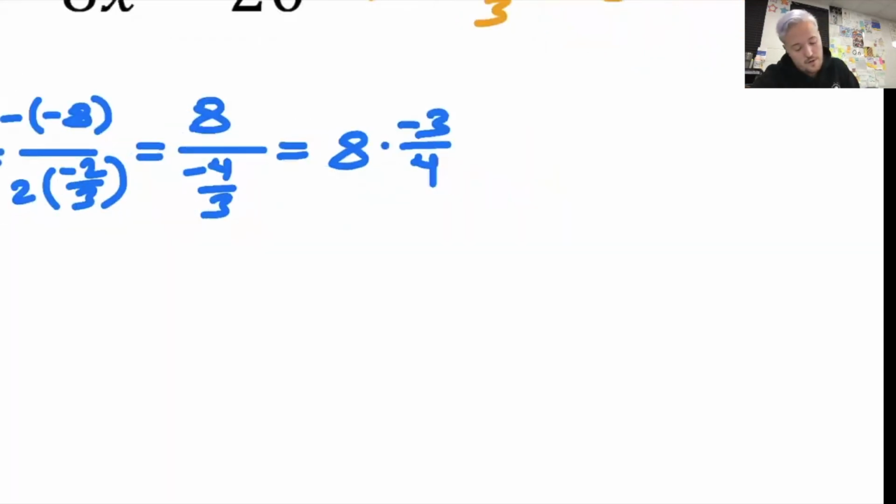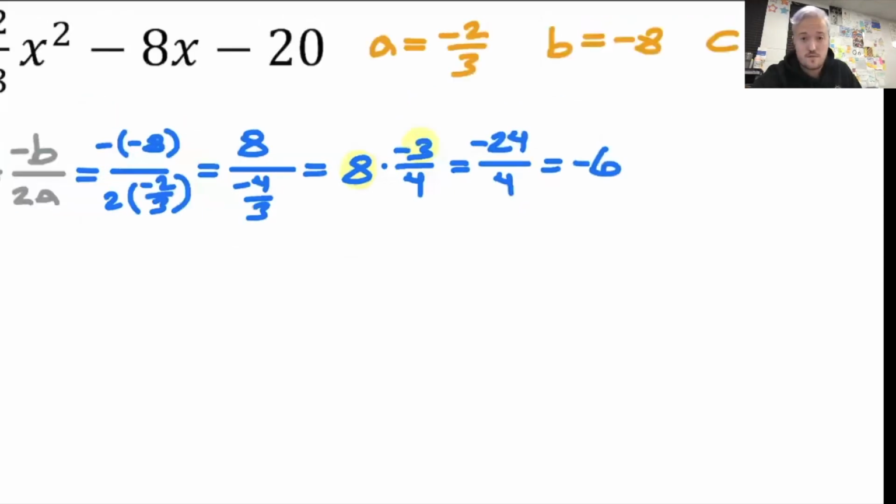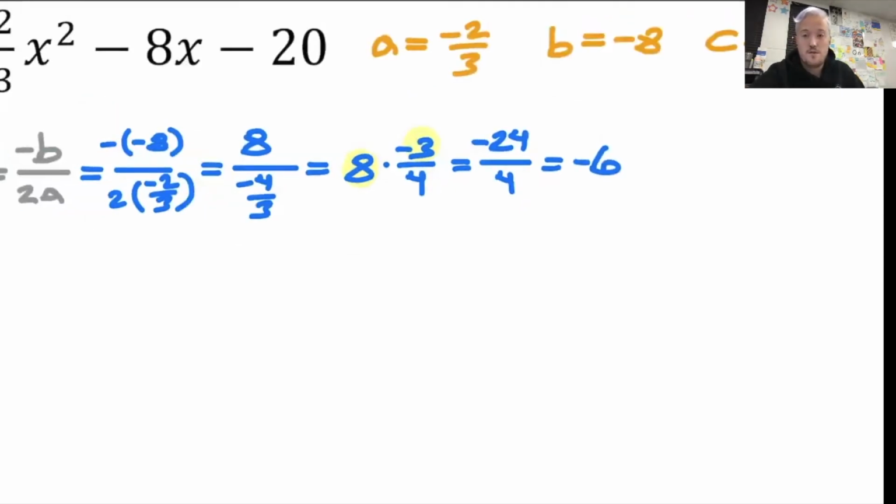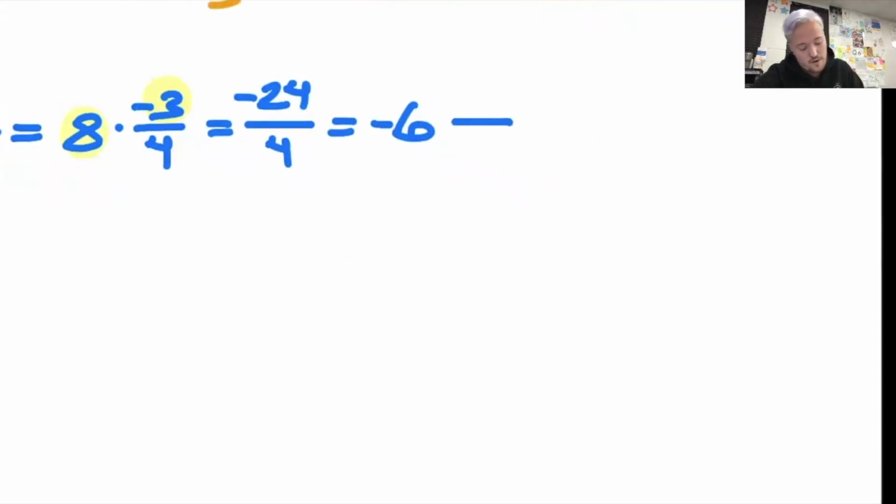Then I'm going to multiply the whole number times the numerator. So we're going to have a -24 all over 4, which simplifies to -6. So now your AOS here is x equals -6, and this right here is your h value.